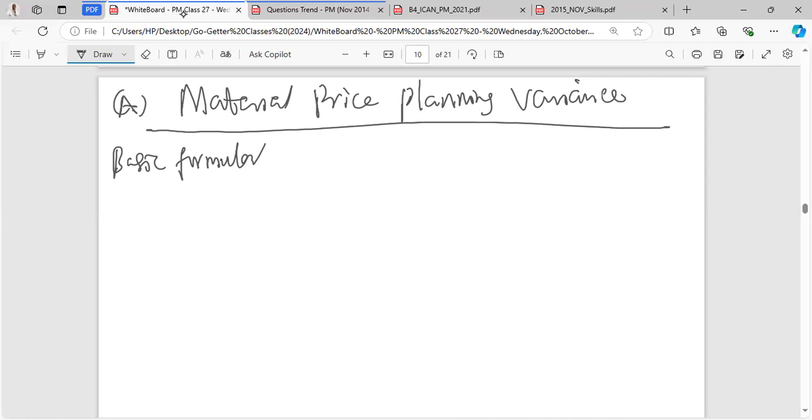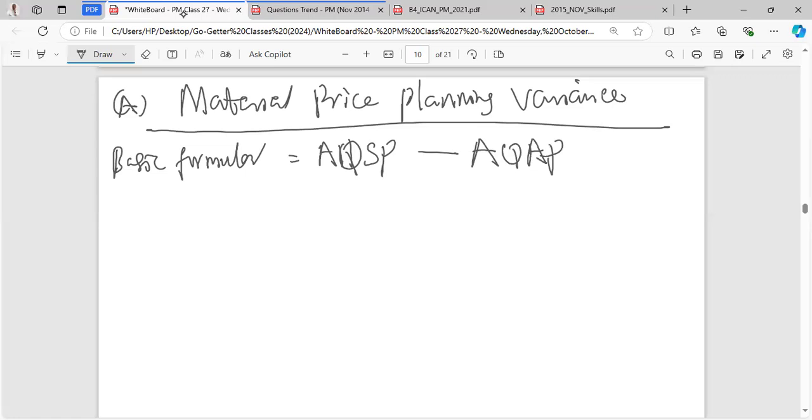So we know that basic formula here: direct material cost, it means this is actual quantity standard price minus actual quantity actual price. That's for price variance. So you can see the prices are different.